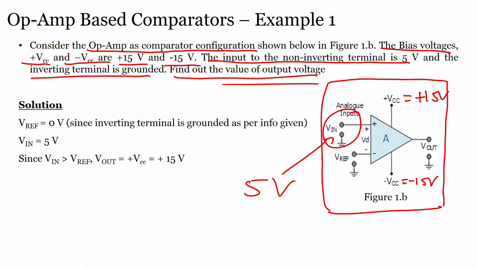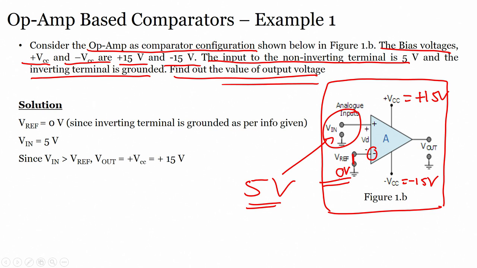If the inverting terminal is grounded, that means V reference is connected to ground, so it is 0 volts. Now one input signal is 5 and the other is 0.